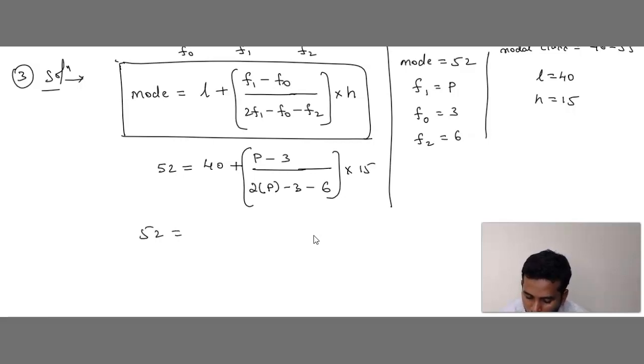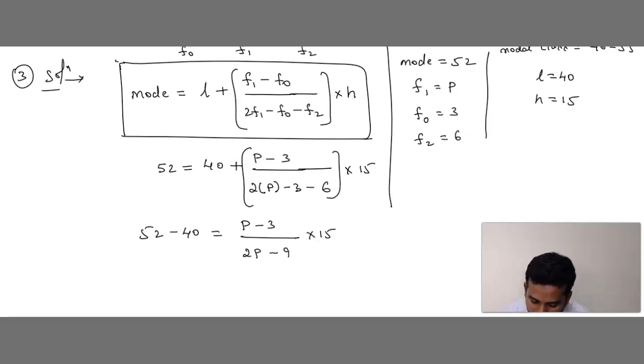Now 52 is equal to 40 plus. We do one thing, this 40 we take to the left hand side, it becomes minus 40 is equal to, what is left out now? P minus 3 by 2P minus 9, since minus 3 minus 6 is minus 9, into 15.